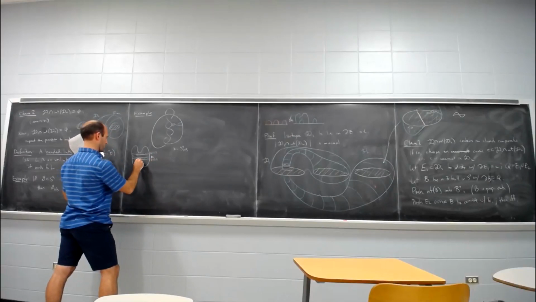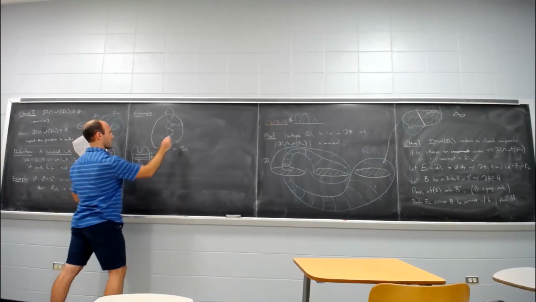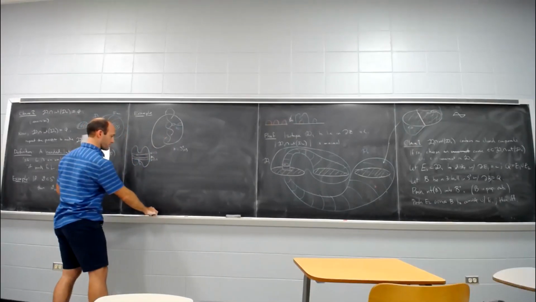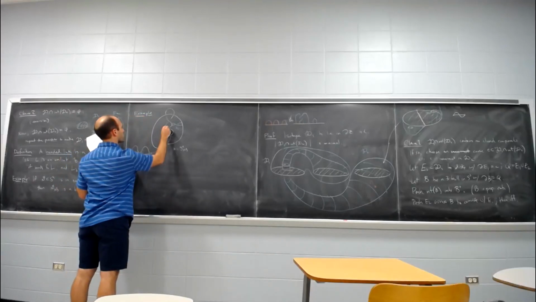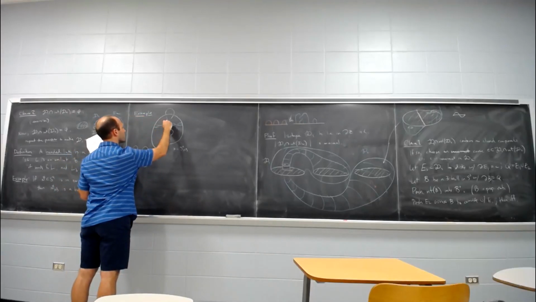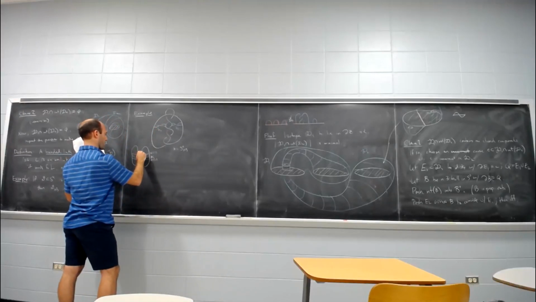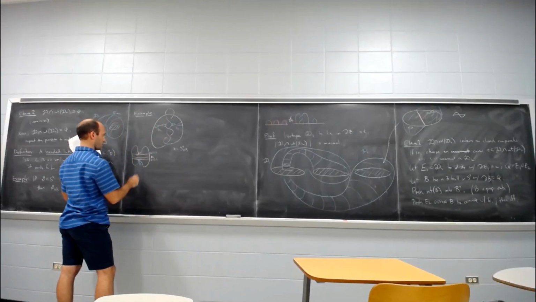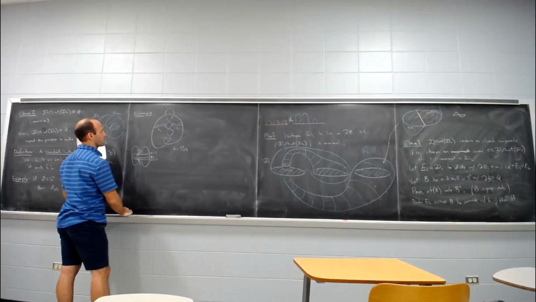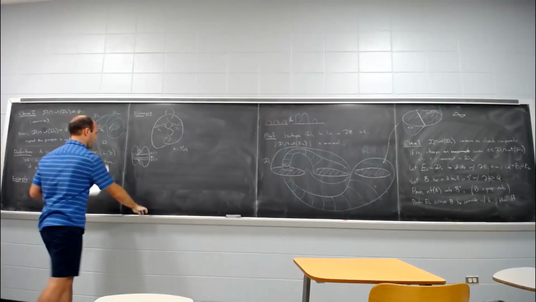Let's see if we can be really careful here. We have this band B1 down there at height -1. But then we also want this band B2, and this one we think of as going up. And it's easy to check that each of these gives an unlink.